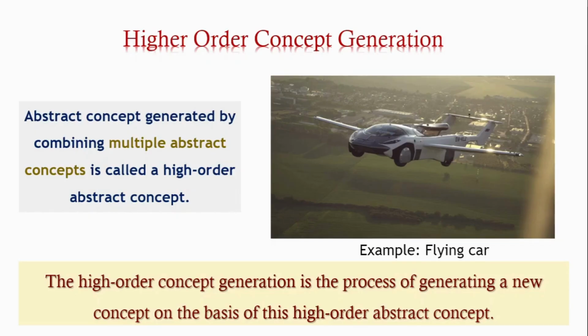Like if you want to create the flying car, you have added more features: the features of the car as well as the features of the plane. You are going to change the engine based upon the other abstract concept. So you mixed two, three concepts to develop a single product. This type of process is known as higher order concept generation.